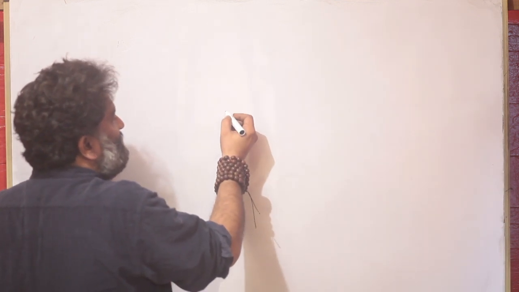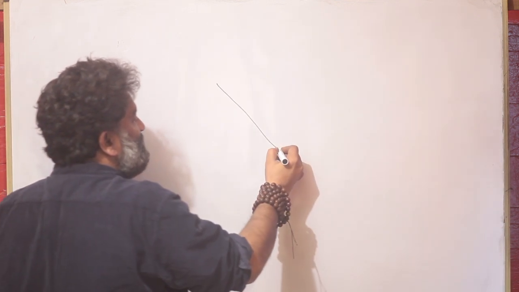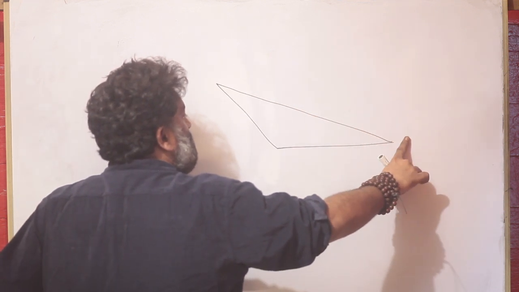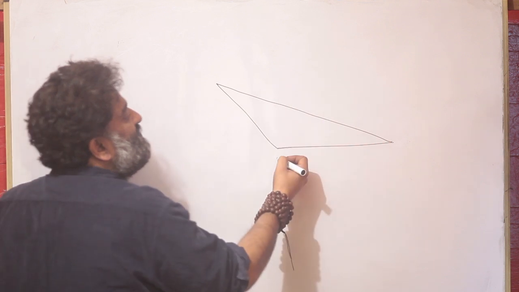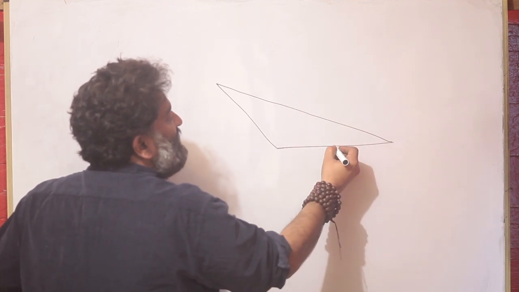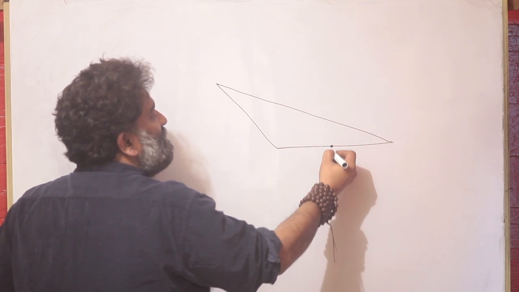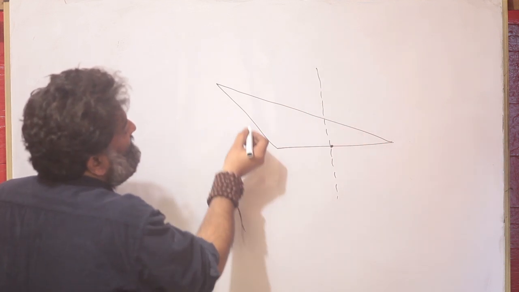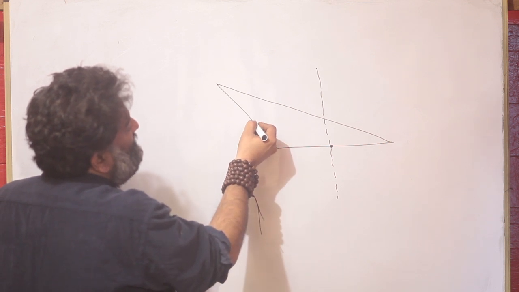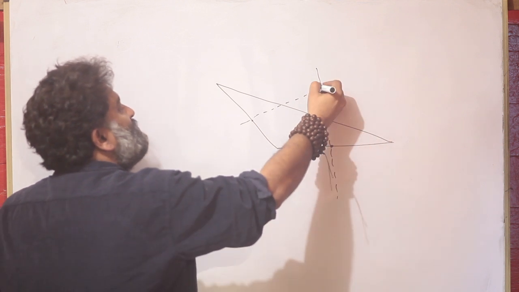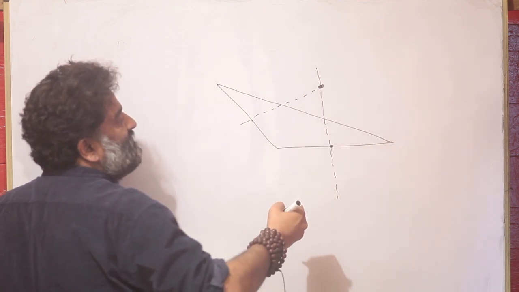Before going any further, just to change the diagram slightly so that we can understand that the circumcenter could be outside the triangle also. So say I have this side, somewhere here would be the perpendicular bisector. So my perpendicular bisector will go like this. For this side, my perpendicular bisector will be somewhere here and will go like this. So this is where they are meeting.